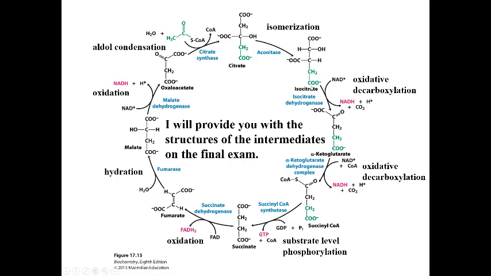So you've gone from 6 carbons in citrate and isocitrate to 5 carbons in alpha-ketoglutarate to 4 carbons in succinyl-CoA. Remember that this thioester bond is a high energy bond, so upon its hydrolysis you can use the free energy that's released to convert a nucleotide diphosphate to a nucleotide triphosphate, and the coenzyme A is lost.